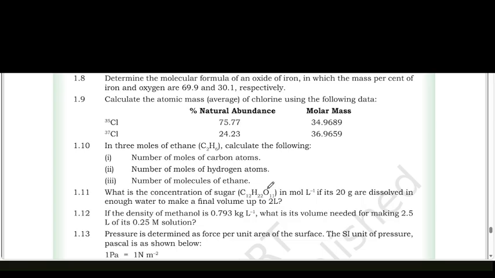Calculate the concentration of nitric acid. So directly 69 upon 100 into 1410. You will get 972.9 gram.